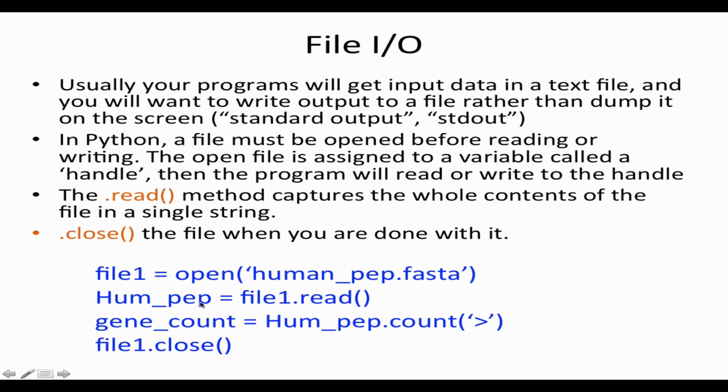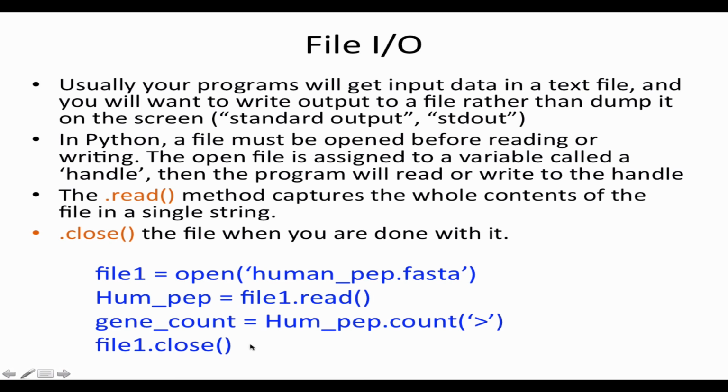So we had to go through 2 steps and create 2 different variables to get our hands on the contents of that file. The first variable points to the file in some location in some folder on our computer. The second variable contains the contents of that file that's captured with the read command.